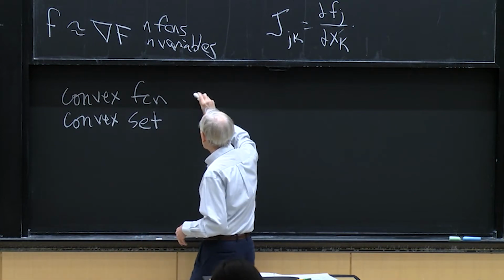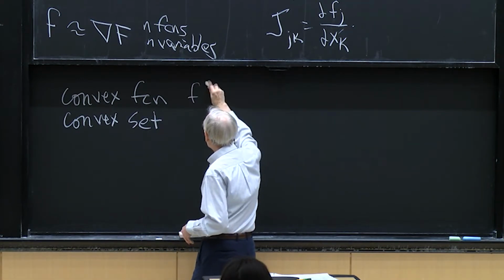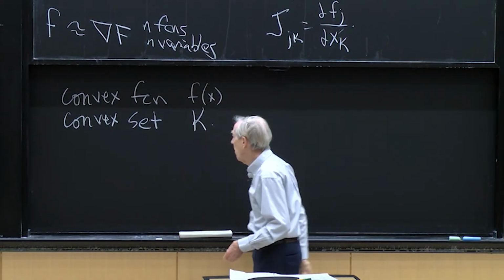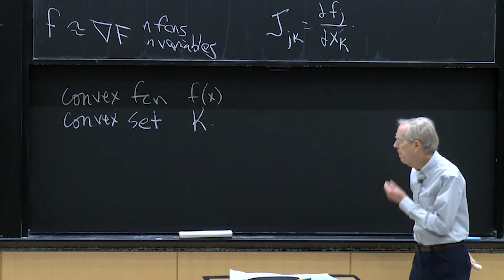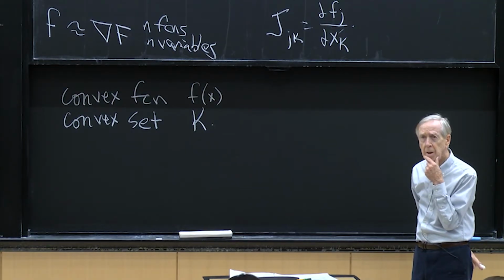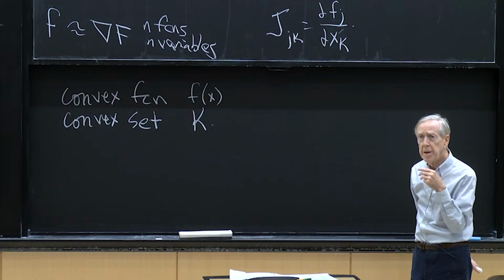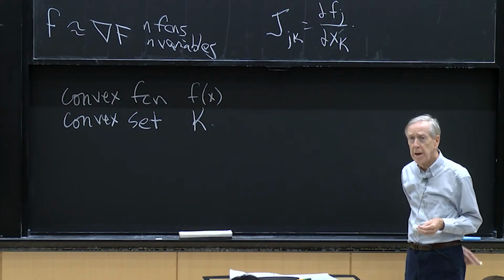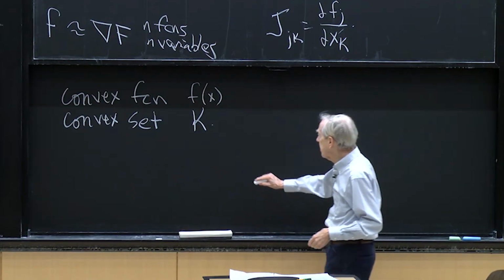So let's call the function f of x, and the typical convex set I'll call K. Okay. So we just want to remember, what does that word convex mean, and how do you know if you have a convex function or a convex set? Let me start with convex set.